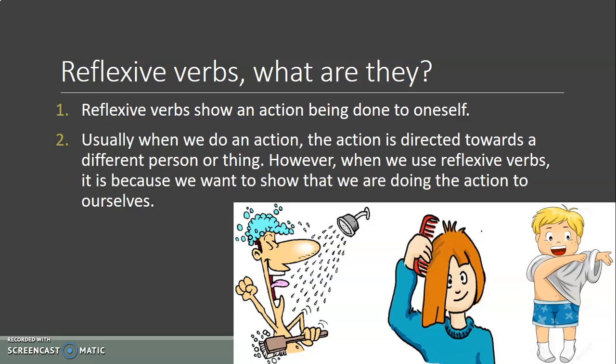What about if I'm putting on my clothes? Well, the clothes are going onto my body, so I'm the one who's affected, no one else. So that's basically what reflexive verbs are. When we use reflexive verbs, we're not showing that we're doing any action to anybody else but ourselves. We're doing that action to ourselves. Okay?